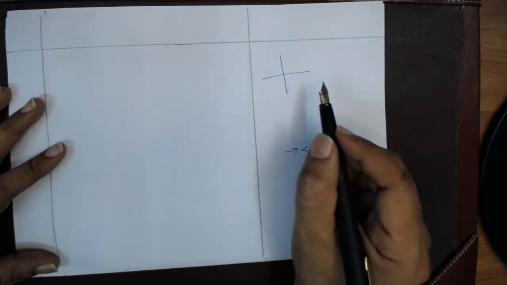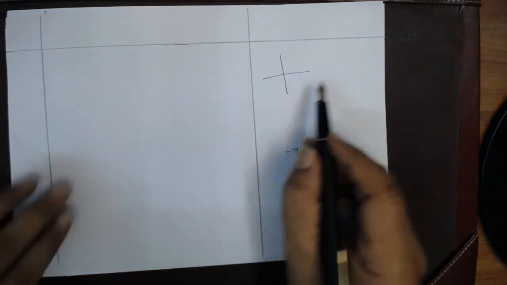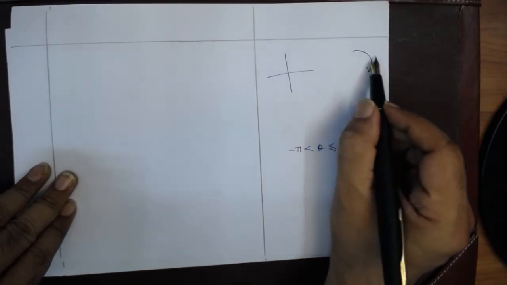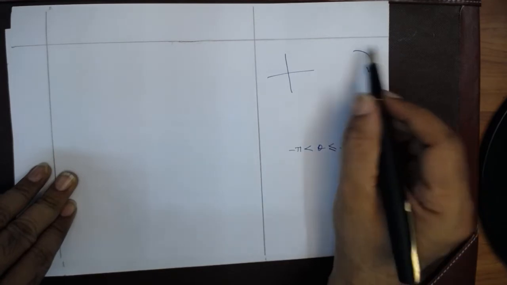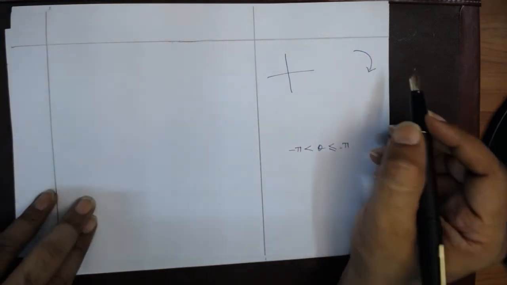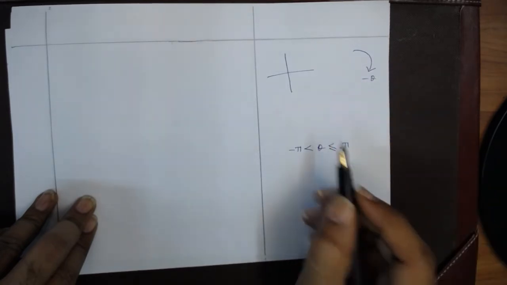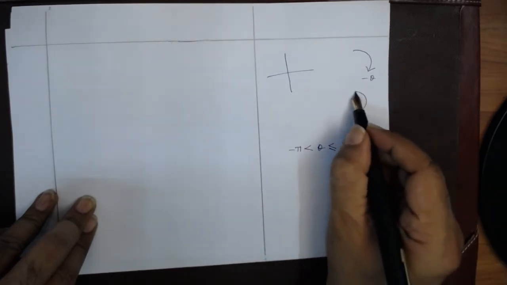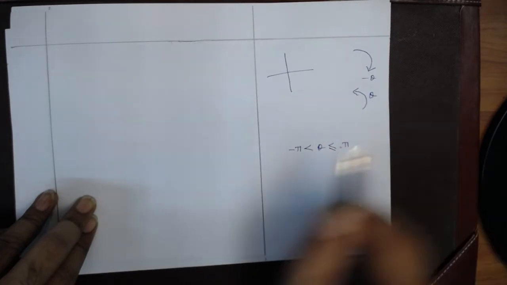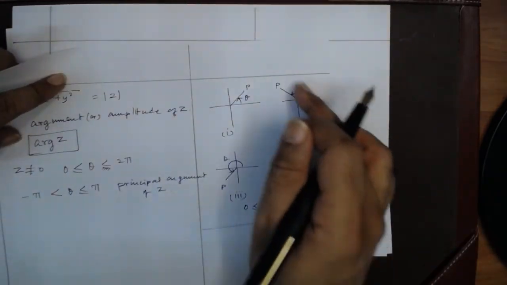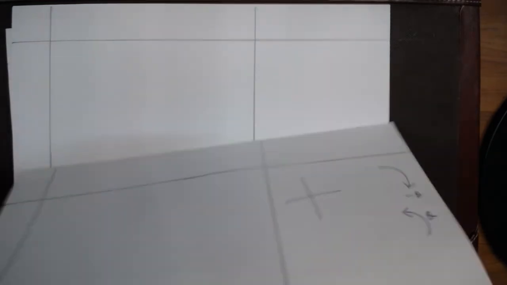So minus pi, and if it comes like this, clockwise, it is a negative angle; anti-clockwise is a positive angle. Okay, this is negative angle minus theta, correct. If it goes like this, it is positive angle theta. Okay, so here, as we have seen, these are all positive angles only, right?